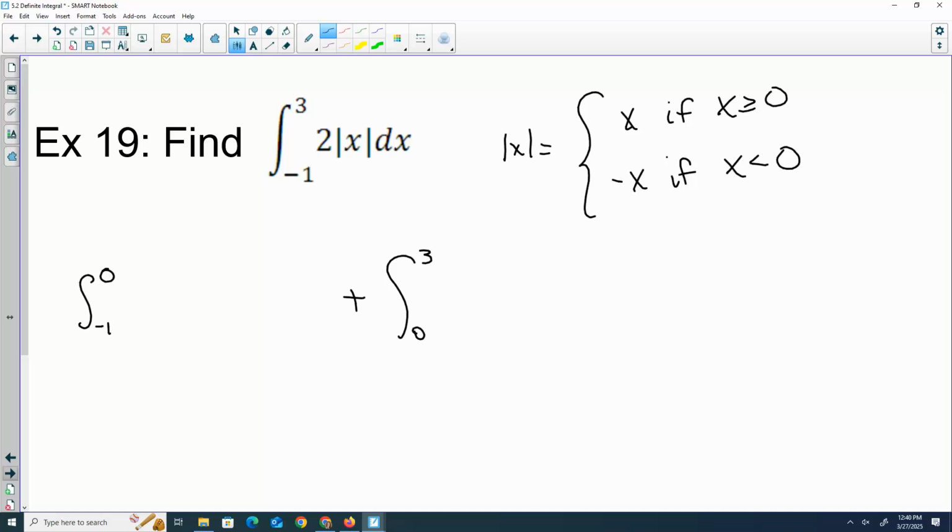From -1 to 0, you're putting in negatives. So the absolute value of x becomes the opposite of x. Times 2, so we could say -2x dx. But from 0 to 3, you're putting in positives, so the absolute value doesn't change anything. So it's just 2x dx.